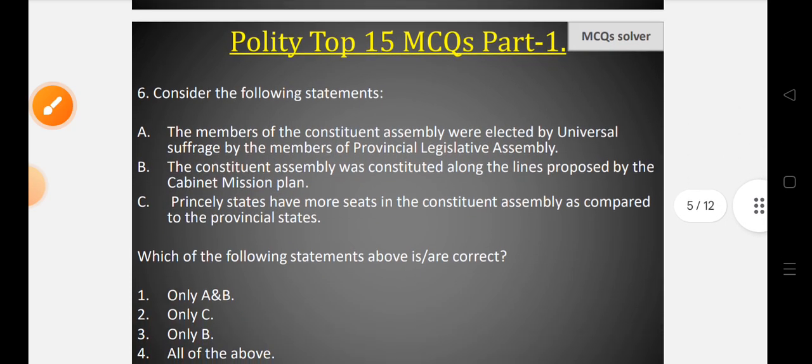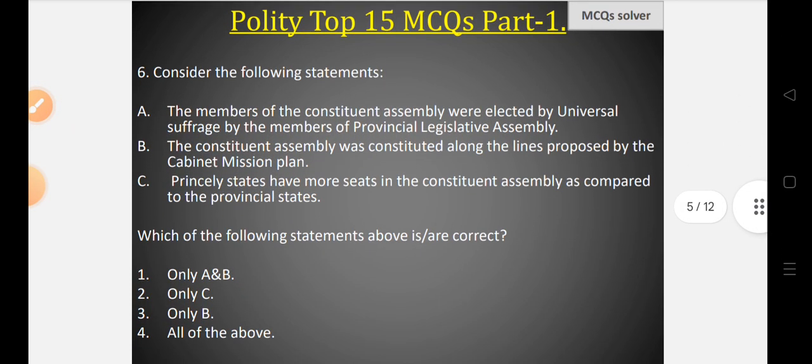Now let's look into question number 6. Consider the following statements. Statement A, the members of the Constituent Assembly were elected by universal suffrage by the members of Provincial Legislative Assembly.